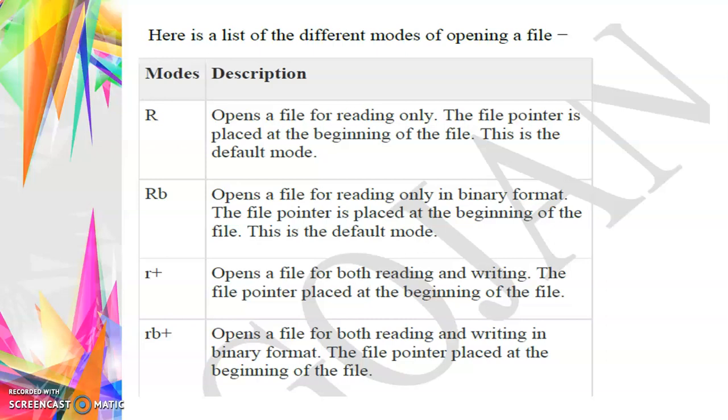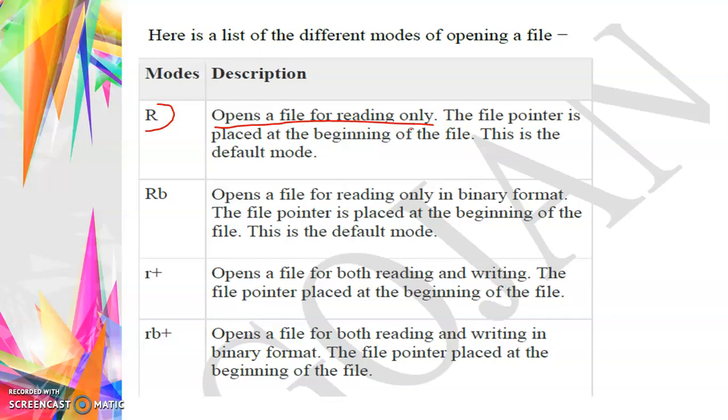For example, if the mode of the file is R, then R represents read. It opens a file for reading only. R mode is going to perform only reading of the file.